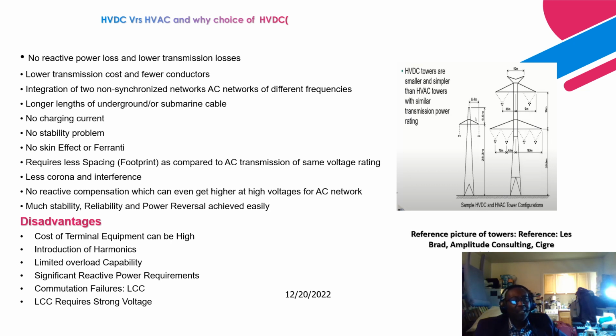As such, when there's a fault, it doesn't allow the voltage to change. The voltage change is just minimal. So that is what we mean by a strong voltage source or a stiff AC grid. Because of commutation failures and all the problems associated with this thyristor-based technology, current source converters require a strong voltage source before they can function correctly.